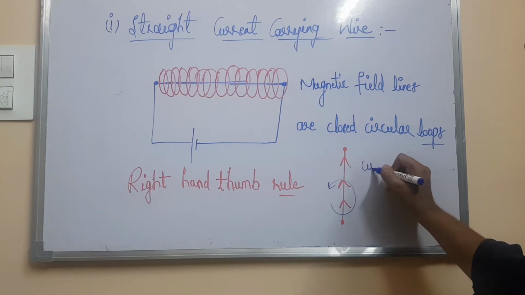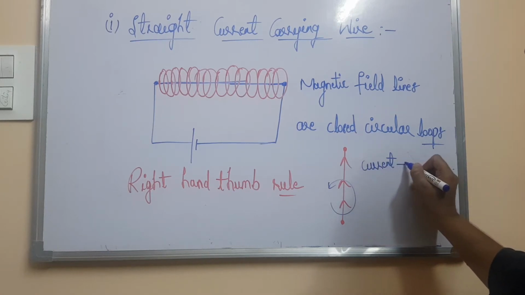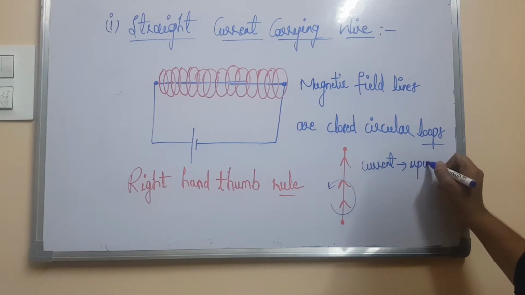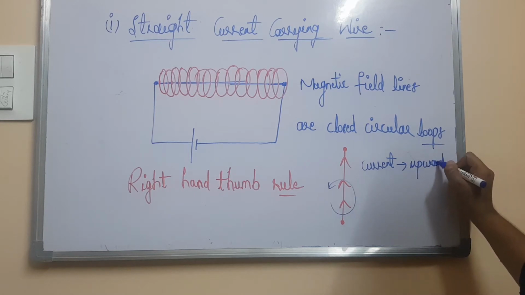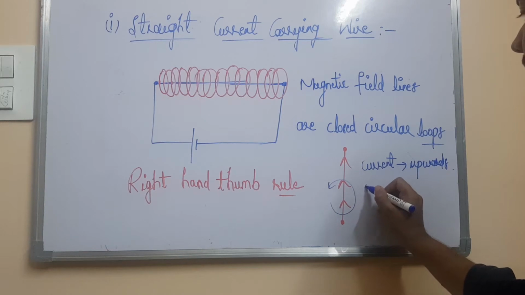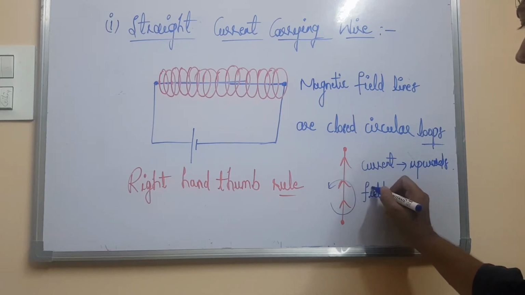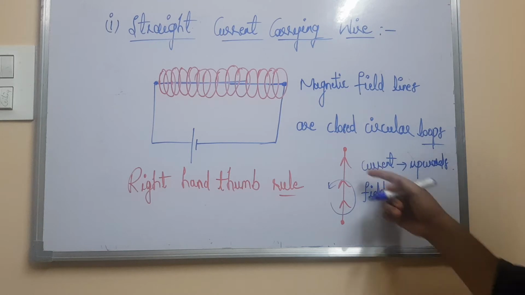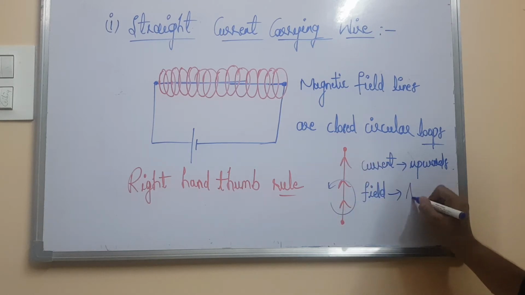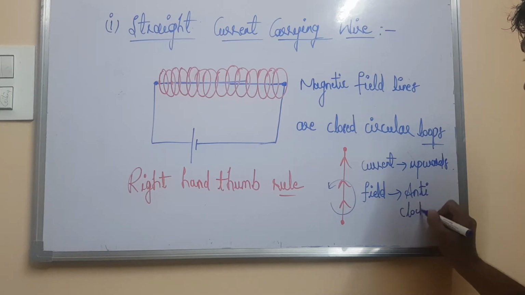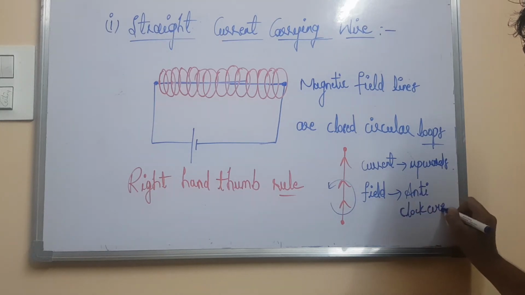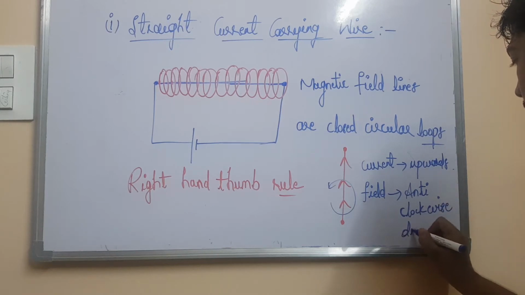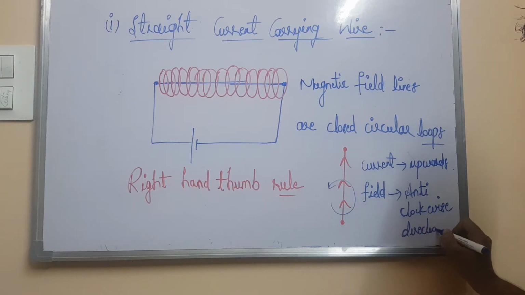So if current is upwards, then the magnetic field direction is anti-clockwise. So this is all about the straight current carrying wire.